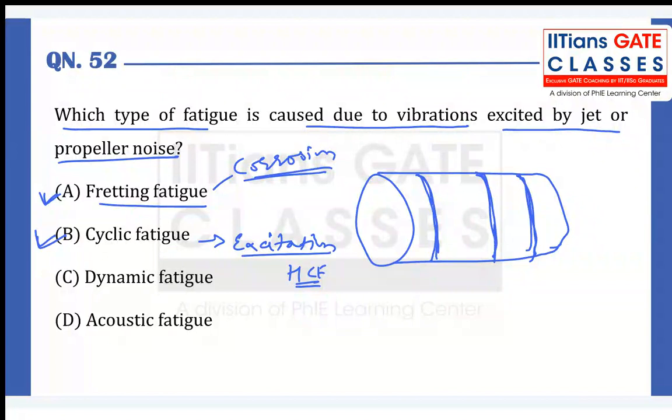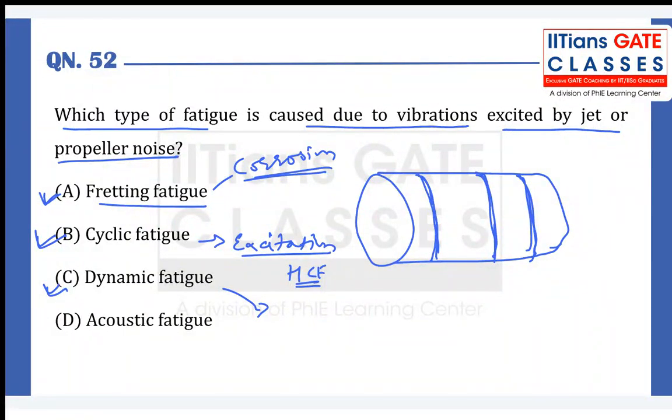Dynamic fatigue is related with when your structure is subjected to some environmental condition. Wear and tear also happens due to corrosion. When two components are joined and corrosion happens in one component, the contact area between the two surfaces becomes lesser.